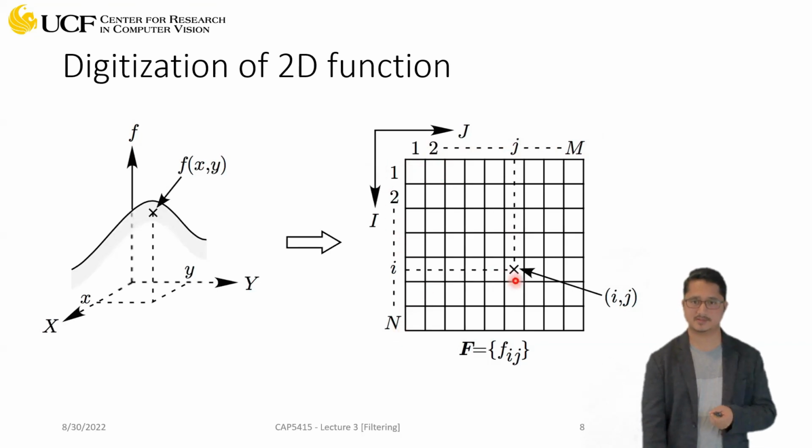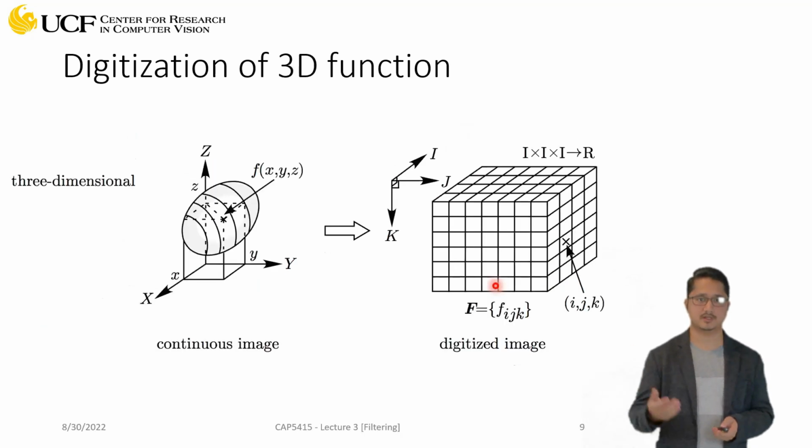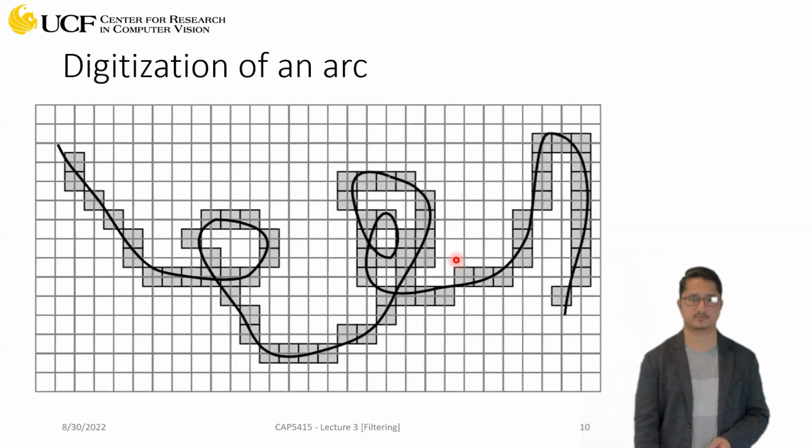So these cells here become the range of your function, and whatever value these pixels can have, they define the range of this function f. And again, we will have to discretize those values as well to complete the second step of digitization. And of course, we can extend that to a 3D function as well. The only change here will be that instead of 2 axes, we'll have 3 axes, and we'll have to discretize all those 3 axes.